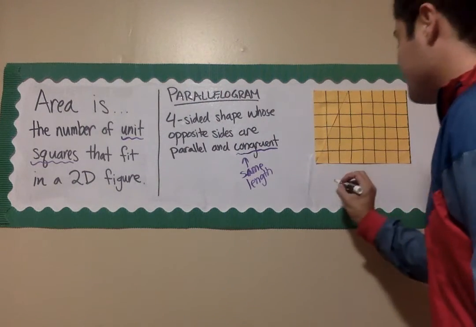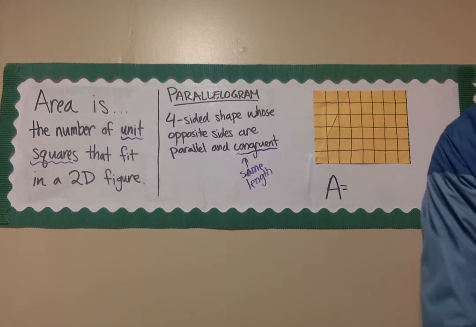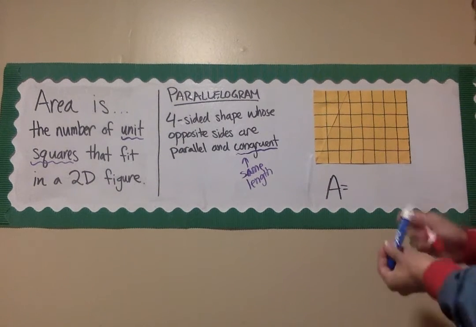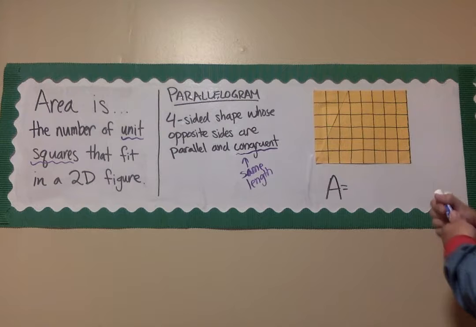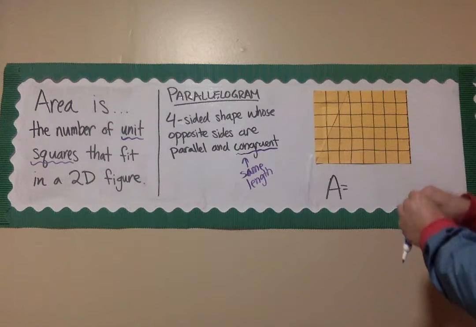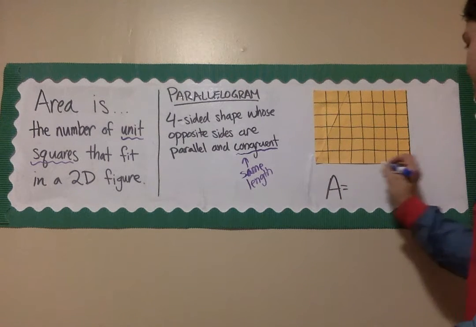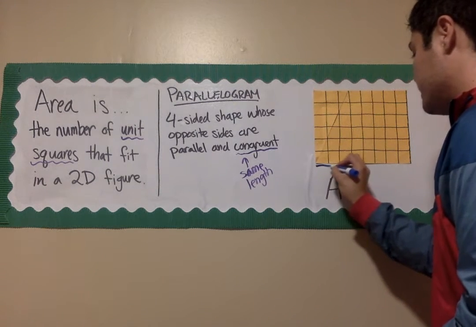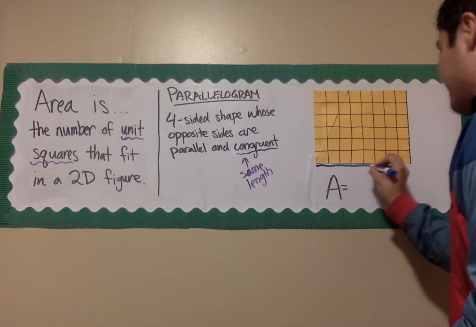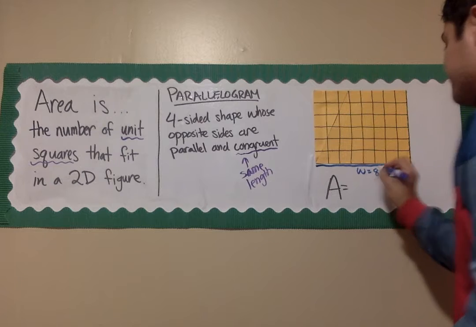Area, A, equals length times width. So for this parallelogram, I'm going to calculate the width. How many squares are in the bottom? 1, 2, 3, 4, 5, 6, 7, 8. The width is 8.